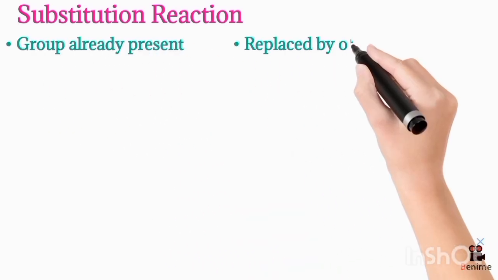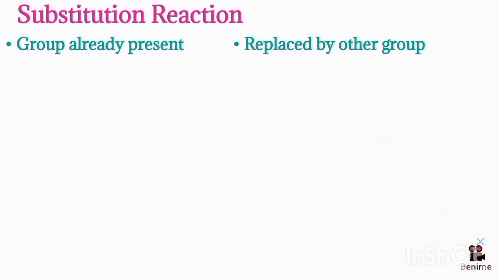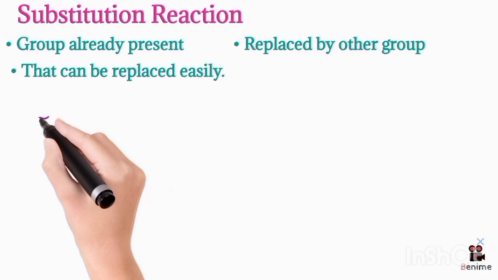Substitution reaction. In substitution reaction, one atom or group already present in substrate is replaced by another atom or group. No addition or removal of entire molecule occurs. Only replacement occurs. Conditions necessary for substitution reaction. Substitution reactions usually occur in saturated compounds such as alkanes. The substrate must contain an atom that can be replaced easily.